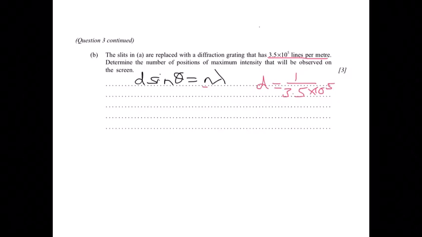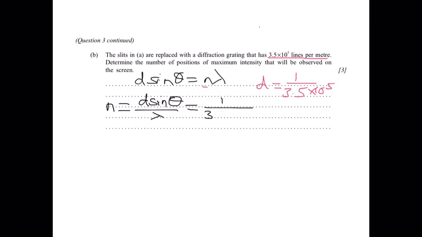So we can rearrange that to get n equals d sine theta over lambda. The d we've said is 1 over 3.5 times 10 to the 5. Sine theta, remember we're looking to try to find the maximum number of lines that are possible on the screen.